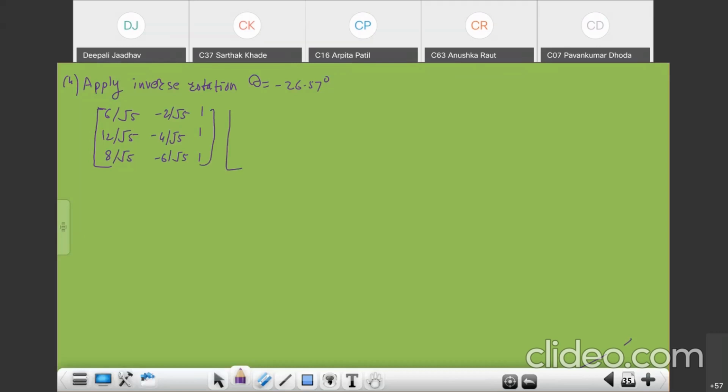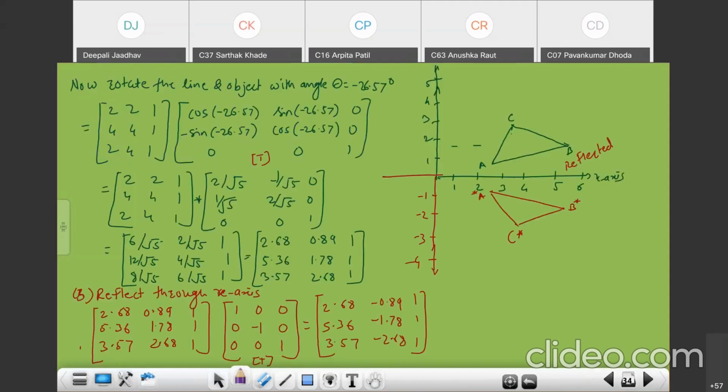Now multiply it with the transformation matrix, which is the inverse of the previous one: 2 by root 5, 1 by root 5, minus 1 by root 5, 2 by root 5, 0, 0, 0, 0, 1. That is the inverse of the previous one. You can see it here.